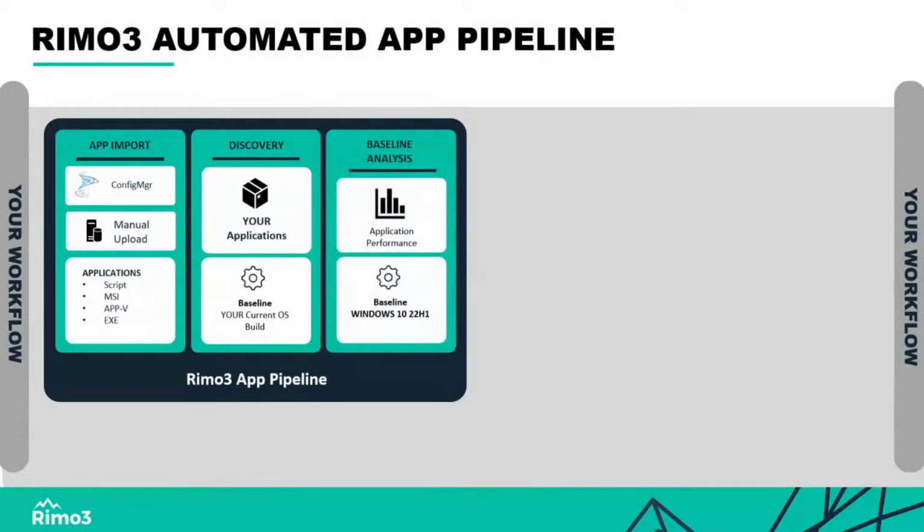The baseline analysis phase, again, simply put, is Remo 3 understanding what good looks like. And how it does that is it uses your custom functional builds, the ones that are currently out there in production today that you're supporting for your end user base, and it takes the discovery data and executes that dynamically against your custom build.